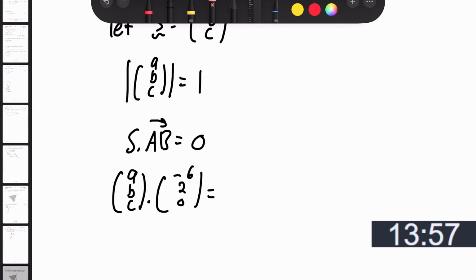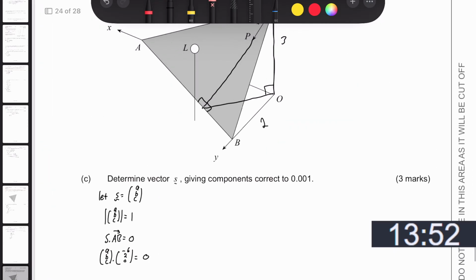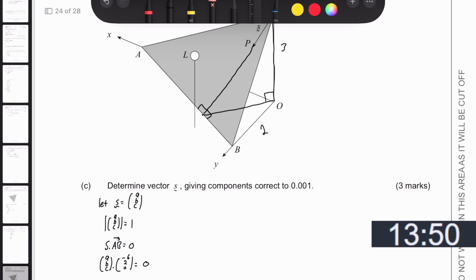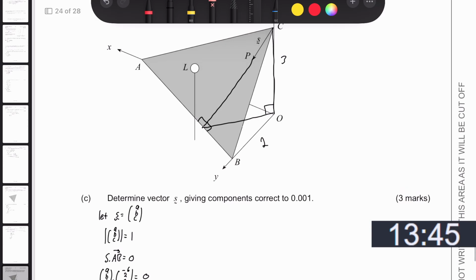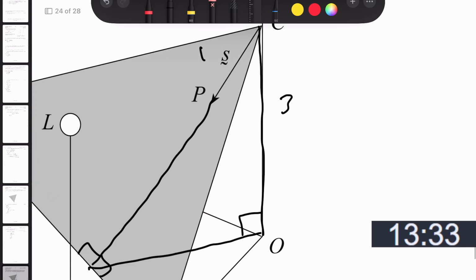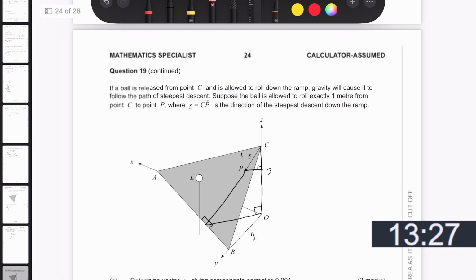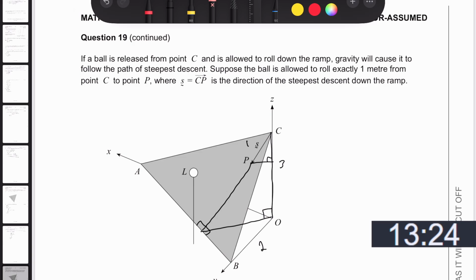So it must be equal to 0. It's 1. Right angle triangle there. CP to the line AB.